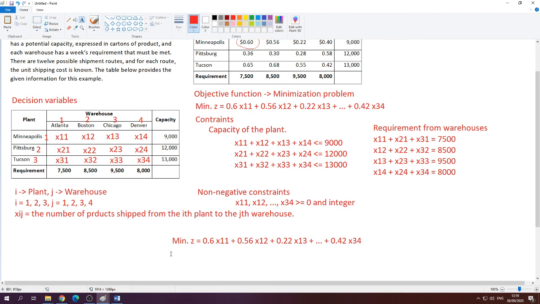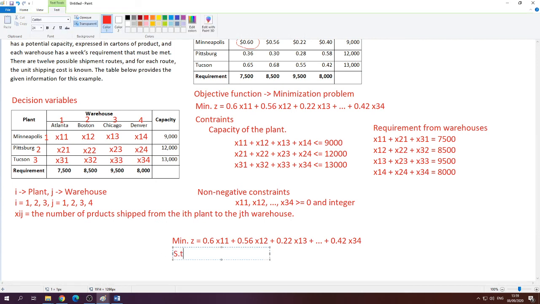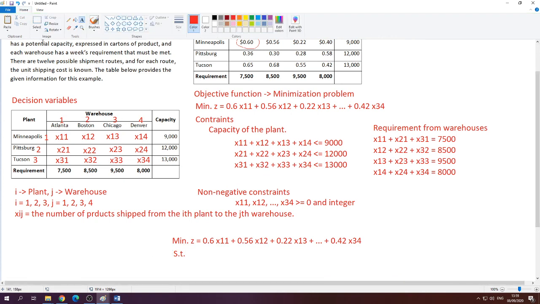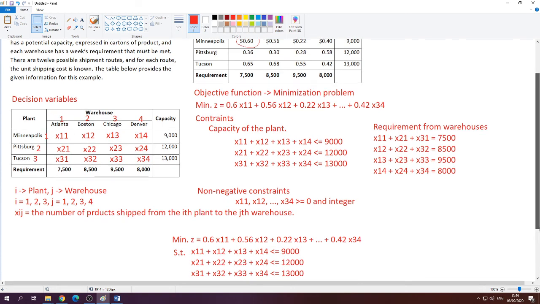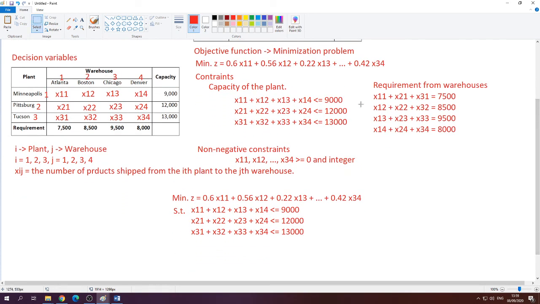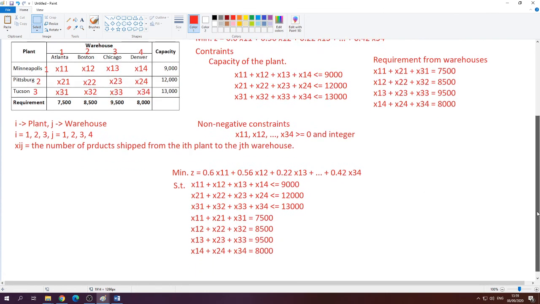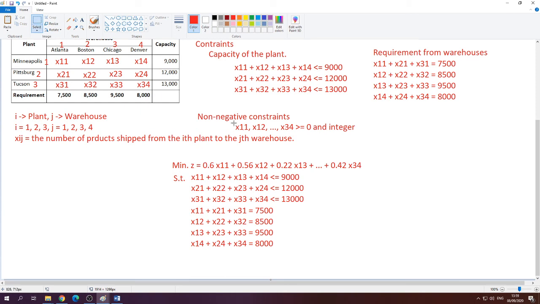Then we're going to have the constraints, st, subject to. This is the first constraint, the capacity, I'm going to put it over here. The second constraint is the demand or the requirement from the warehouse, and the last one is the non-negative constraint.